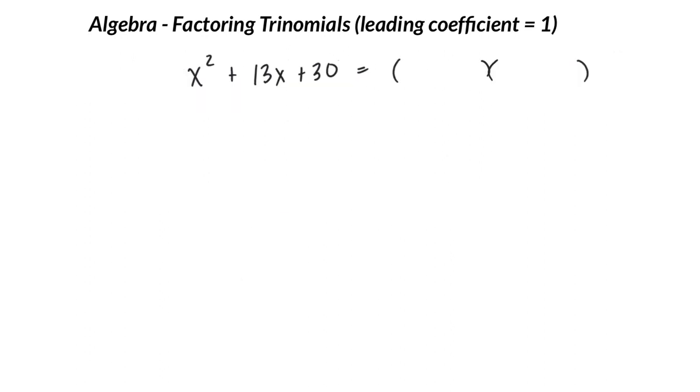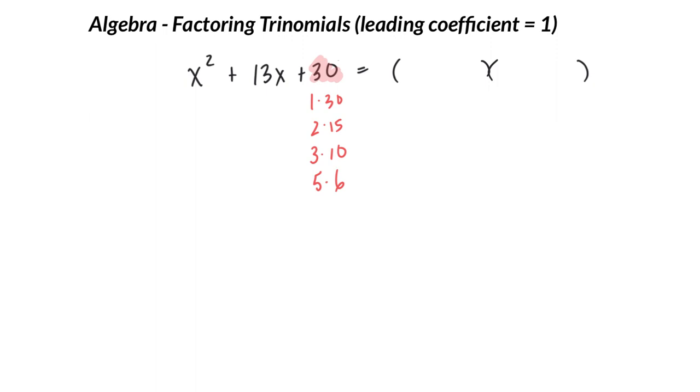Let's do another one. All right, x squared plus 13x plus 30 can be factored into binomial multiplication. Again, I always start, and I would highly recommend starting with that last term and listing out the multiplication pairs. Let me write them down here real quick, and I'll explain why I would do that first.